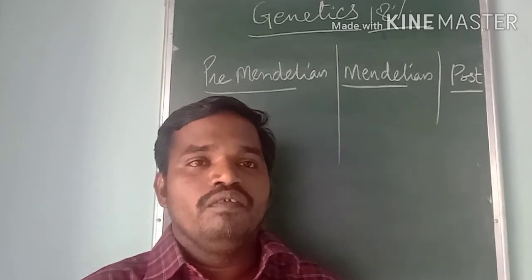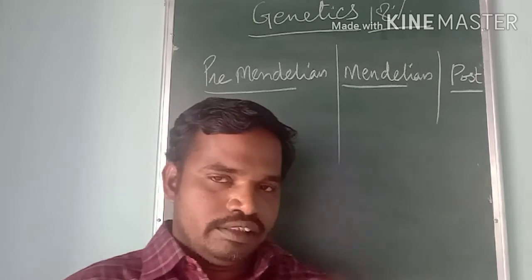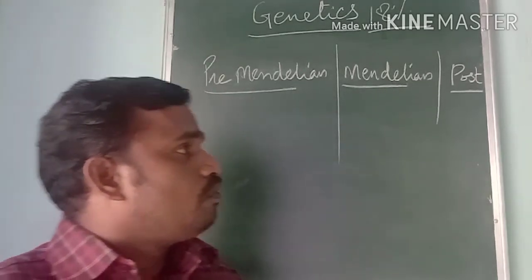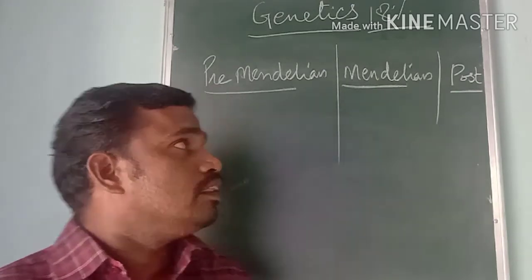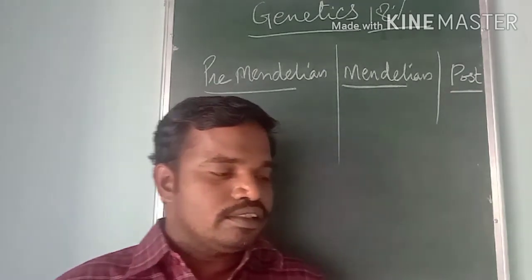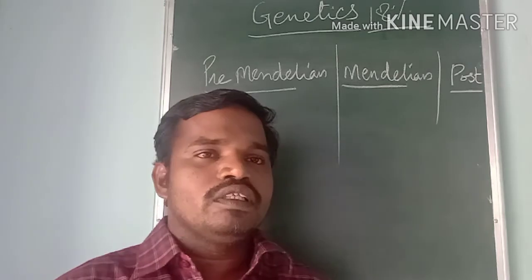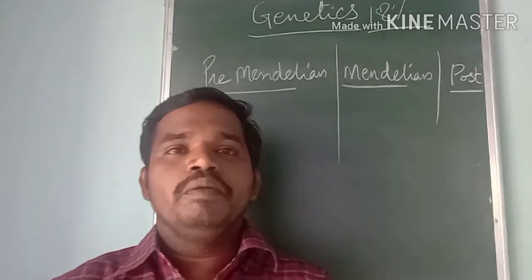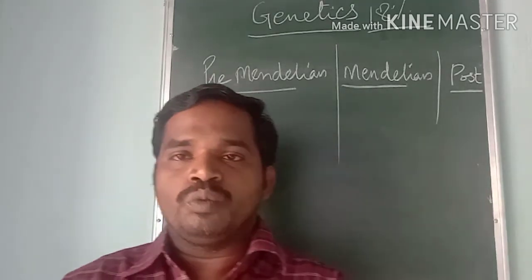Finally we termed it DNA or gene, which is responsible for the transmission of the characters from one generation to another generation. Before Mendel's theory, certain hypotheses were prevalent in society, and they made people believe those concepts.